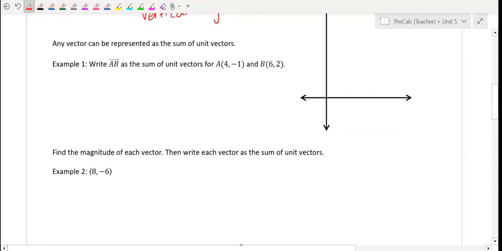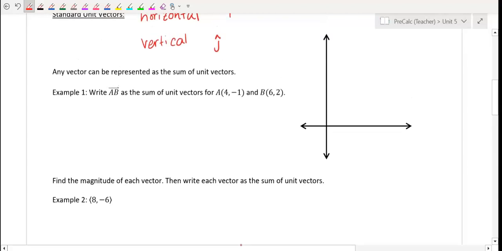Now, any vector can be represented as the sum of unit vectors. So for example, what we have right here is asking me to write vector AB as the sum of unit vectors, where we've got the coordinate point A, which is (4, -1), and the coordinate point B, which is (6, 2). So first, let's plot those points and figure out what we've got going on.